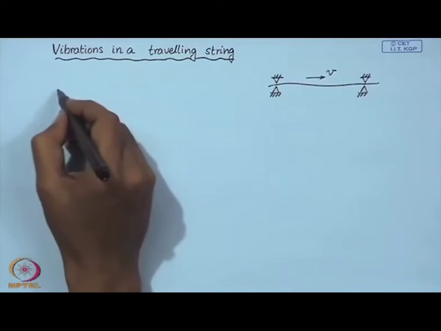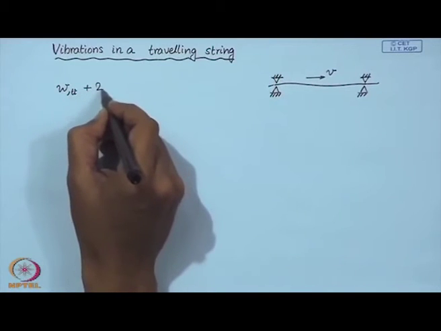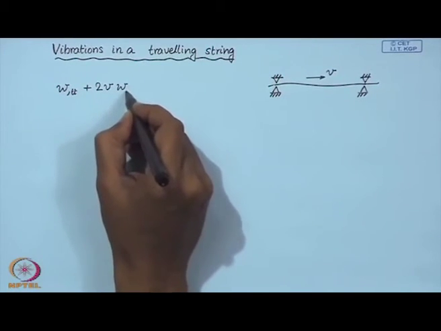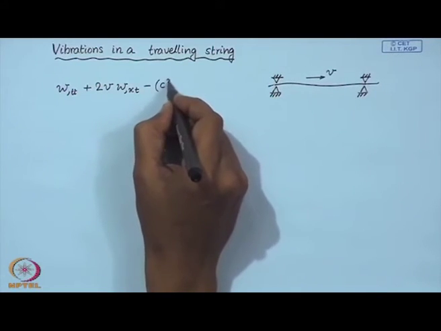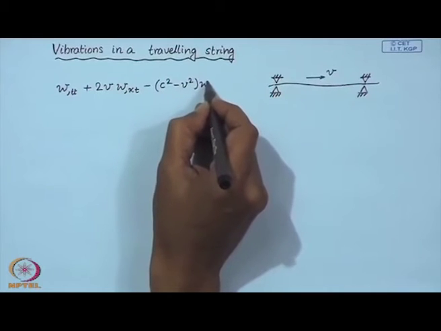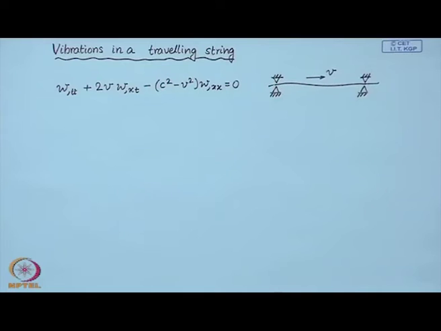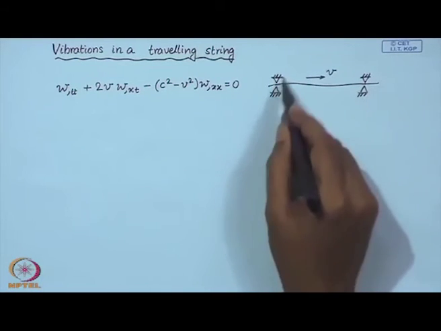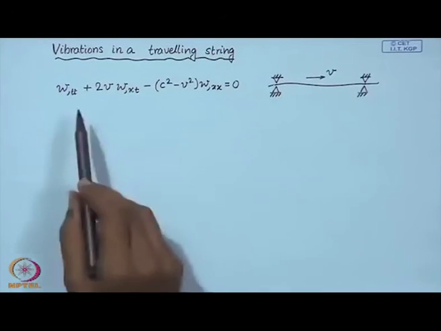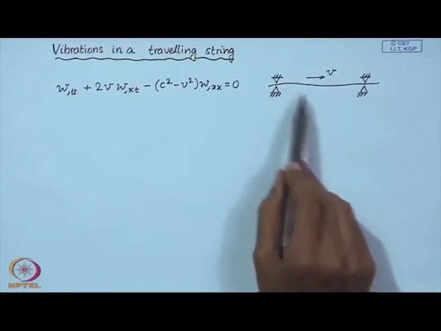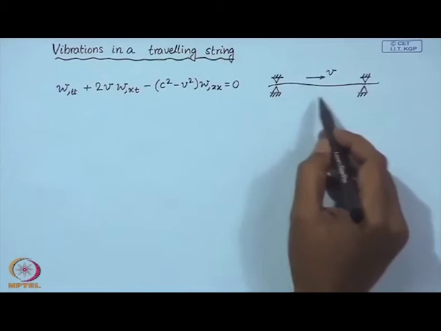So, we have derived the equation of motion for a traveling string. Now, here I have shown boundaries, but since we are going to consider an infinite traveling string, we are going to look at wave propagation in traveling strings and understand the solution in terms of these propagating waves.